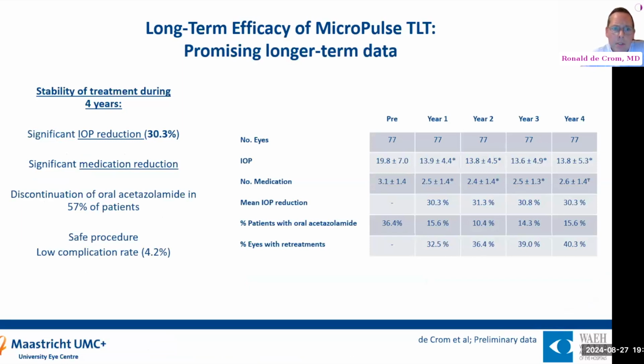We found a significant IOP reduction of some 30%, in combination with a significant medication reduction, and more than half of the patients could stop the use of Diamox. It still remains a very safe procedure. So the use of MicroPulse TLT can lead to a very sustainable IOP reduction and also medication reduction.